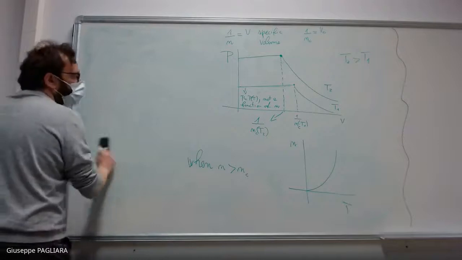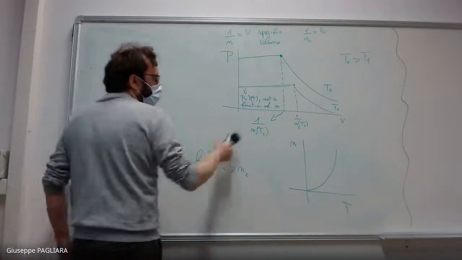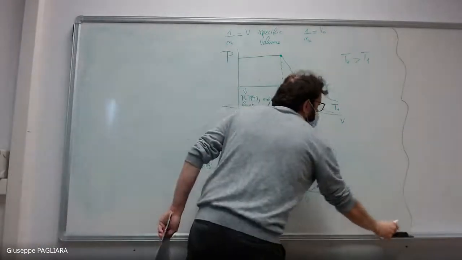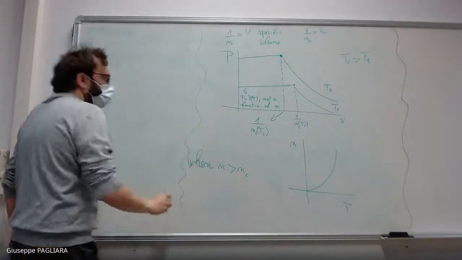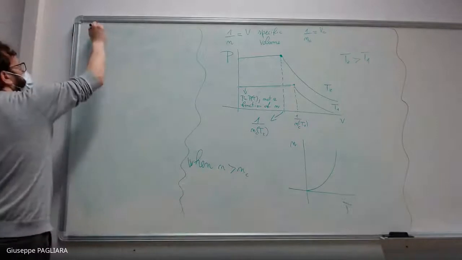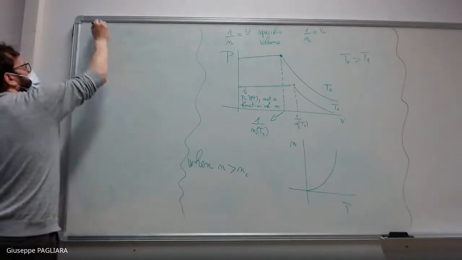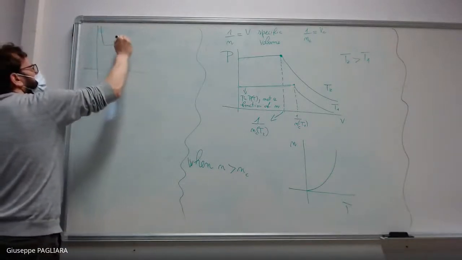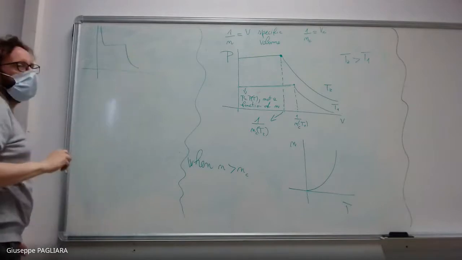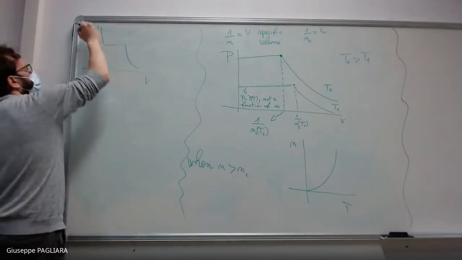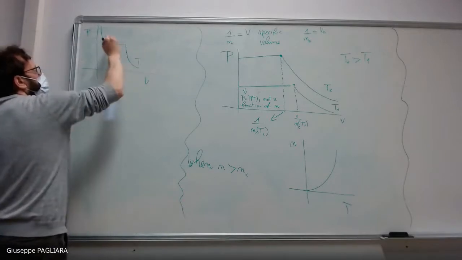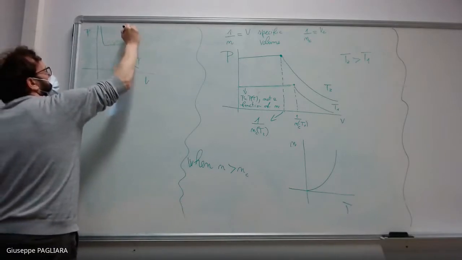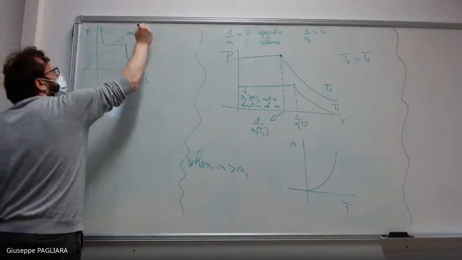Because when I have a plateau in the pressure in the PV diagram at fixed temperature, what reminds me is the situation that we have analyzed for the van der Waals gas, for instance, in which I had P and V at a fixed temperature, and this plateau was corresponding to the mixed phase.